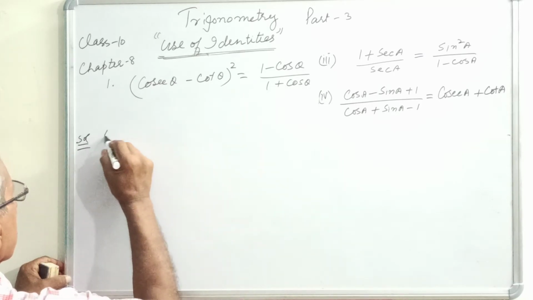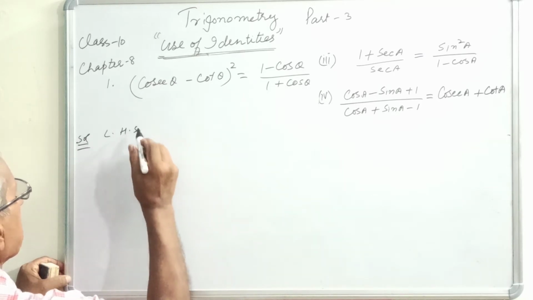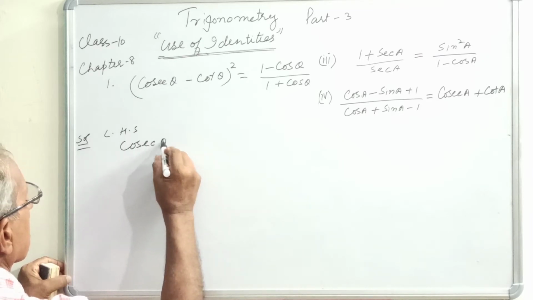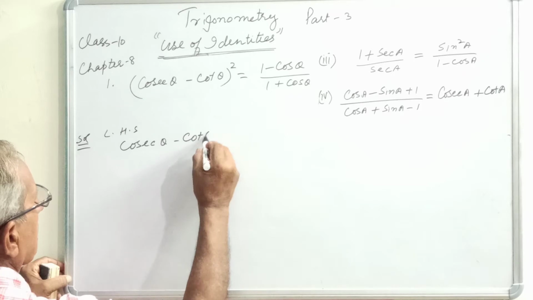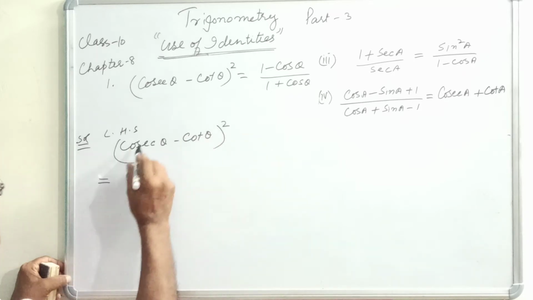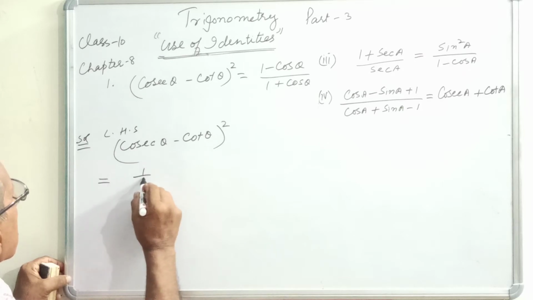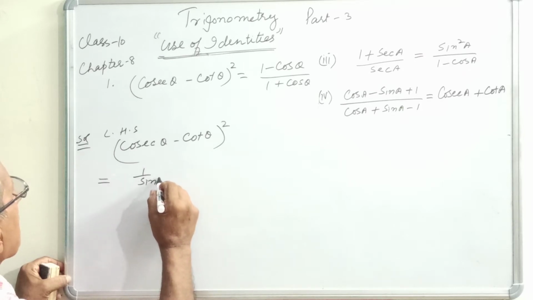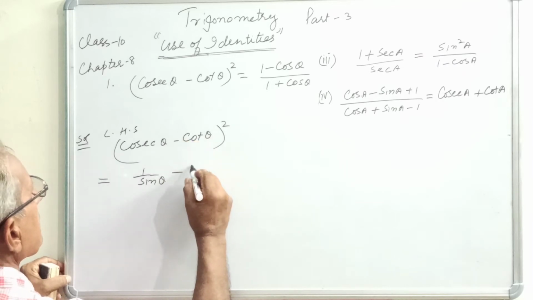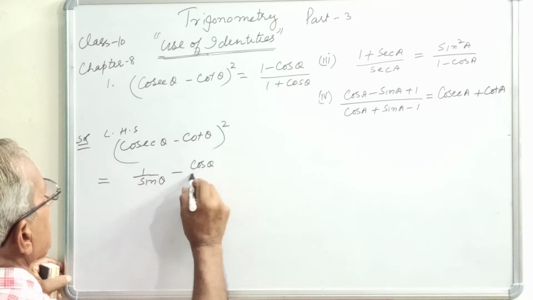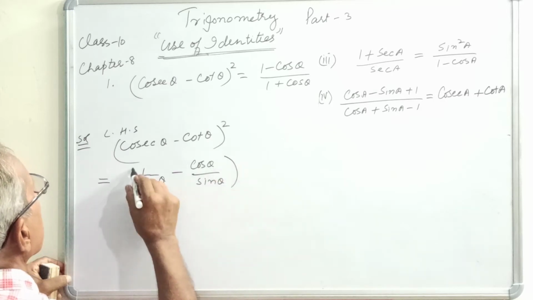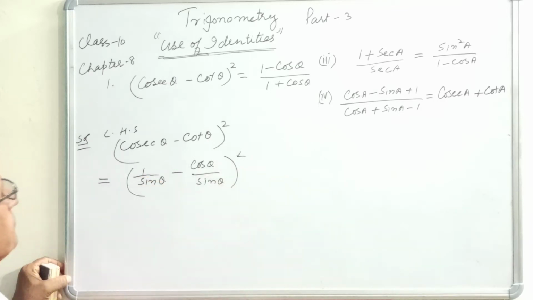So left hand side, whole square. So cosecant will be 1 upon sin theta. Cotangent theta is cos theta upon sin theta, whole square.